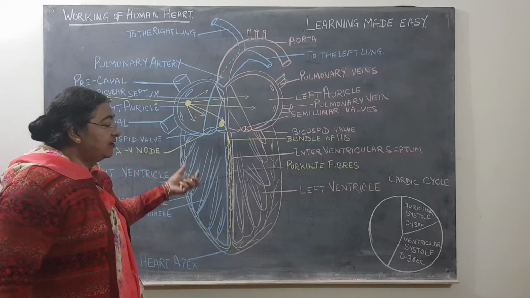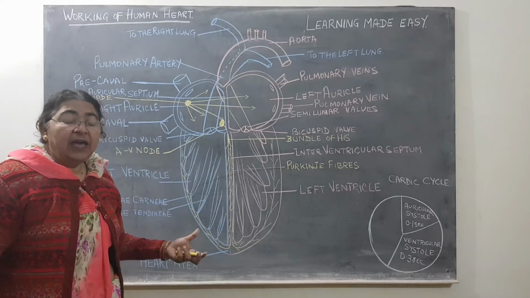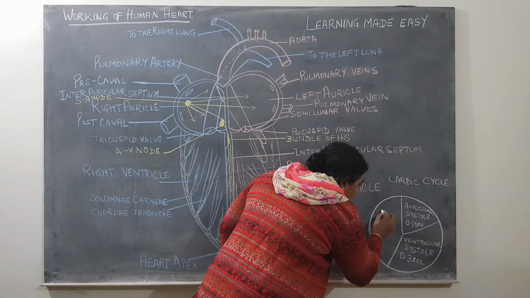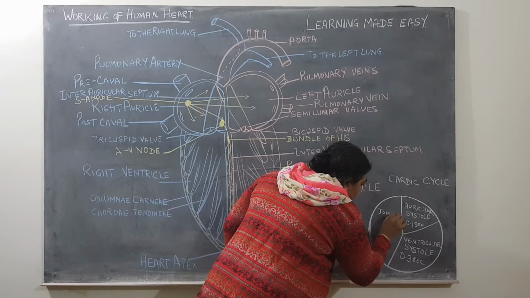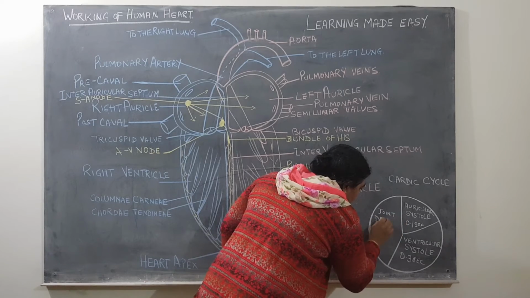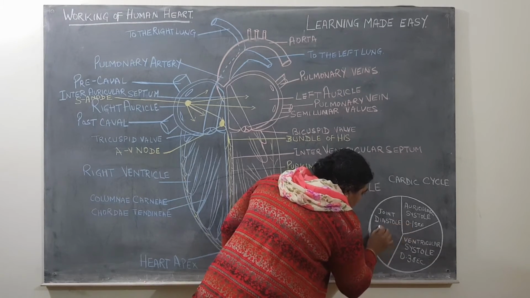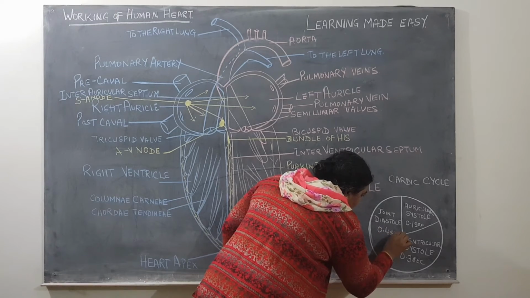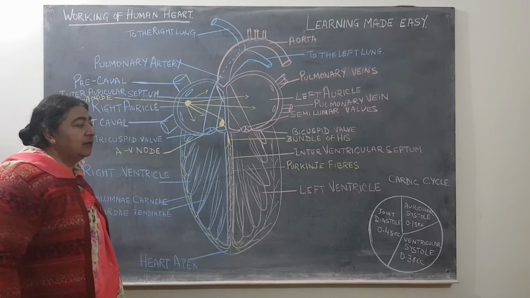Both auricles and ventricles, once they have contracted, need a relaxation period, and this relaxation period is called joint diastole. It takes a time of 0.4 seconds.